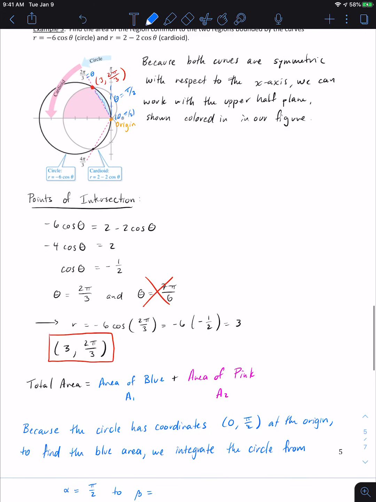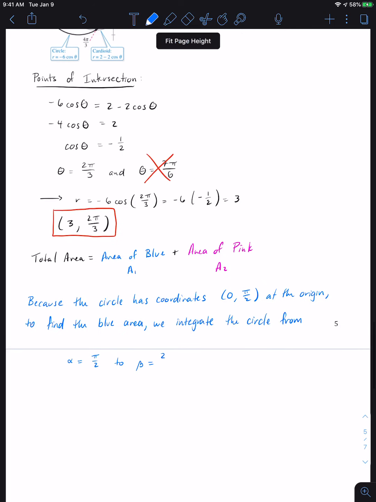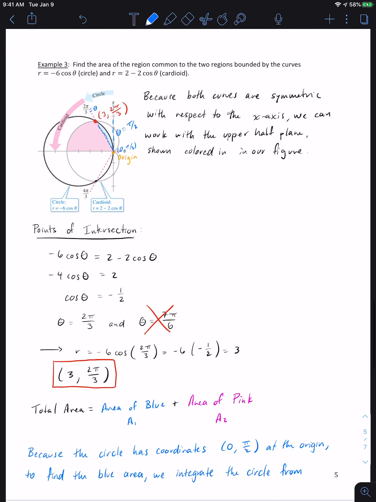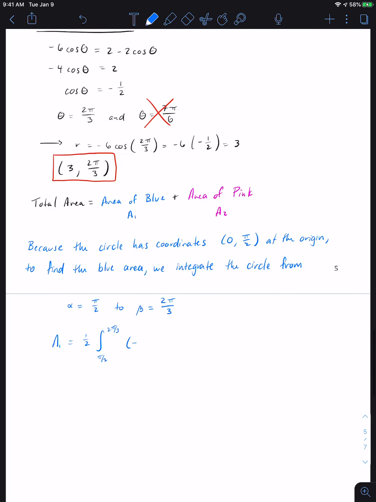Well, beta, we end at 2 pi over 3. So the first area, the blue, is 1/2 times the integral from alpha, which is pi over 2, where the theta starts, all the way to 2 pi over 3, where the angle ends, of the circle, which is -6 cosine theta squared d theta.